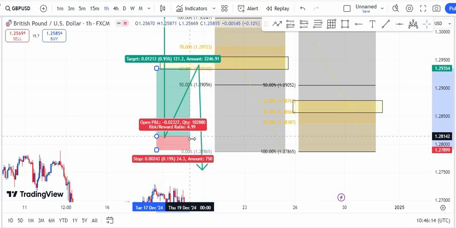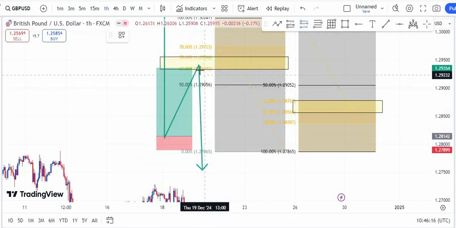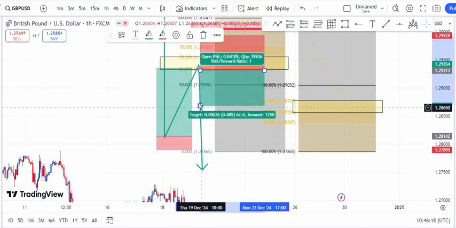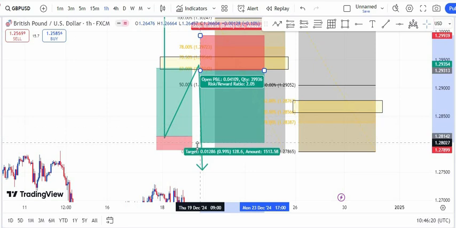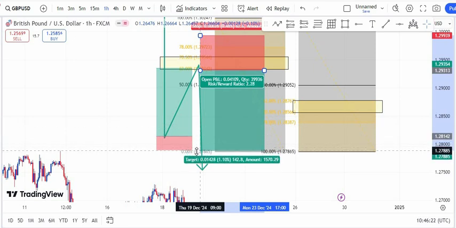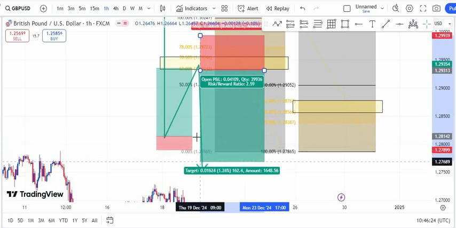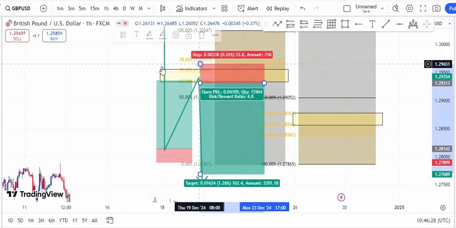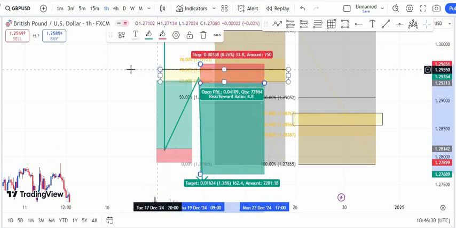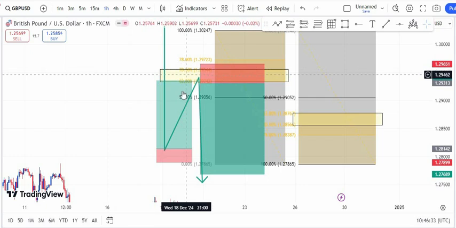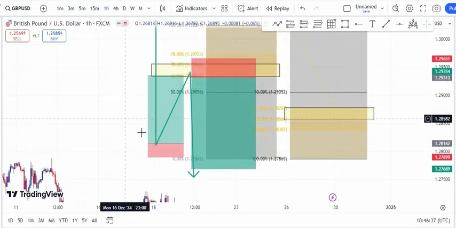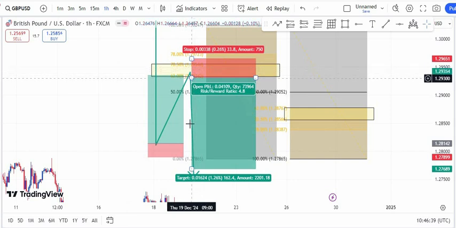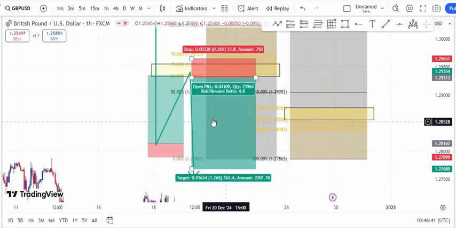And we can also make money when it's coming down, and we're going to put our stop loss above the line, above the 70.50 level.